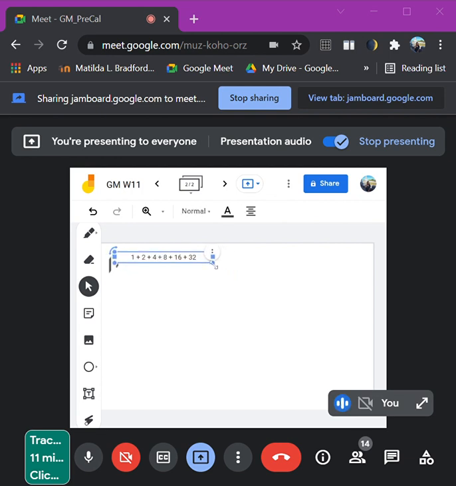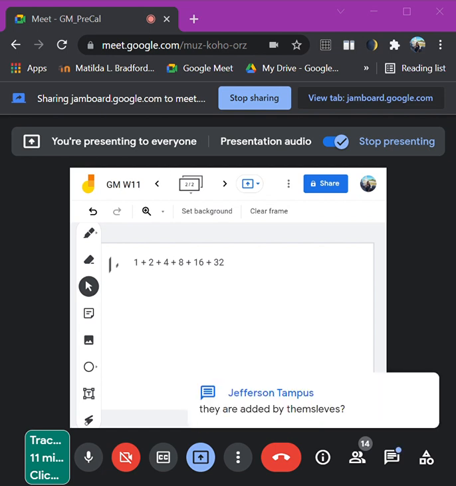So in the given, class, what pattern do you see? You can see there 1 and then 2 and then 4, 8, 16 and 32. What pattern do you see there? Okay, anyone?